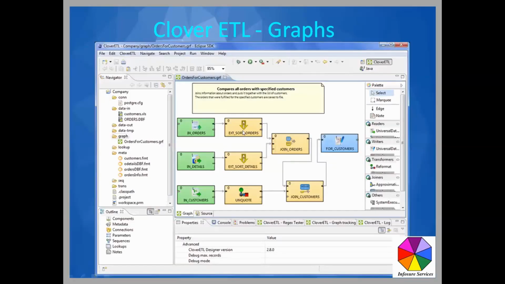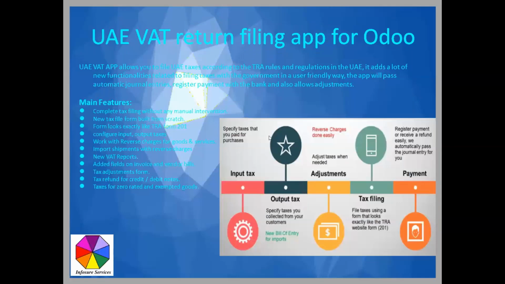See here, orders sorted, customers coming in, merge, join, orders, customer, write it to something. Visually, you can design the graph. And this has other solutions for UAE VAT filing. Some custom developed application for taxes filing.